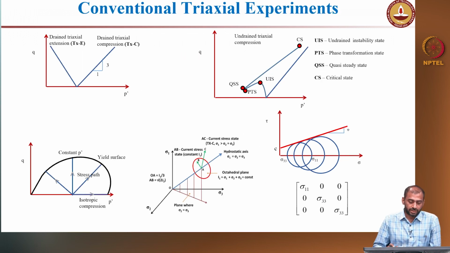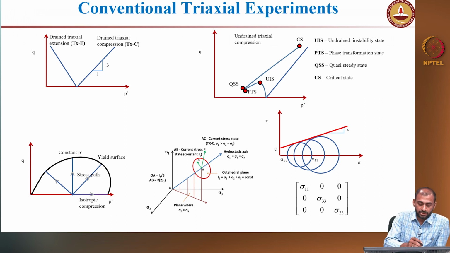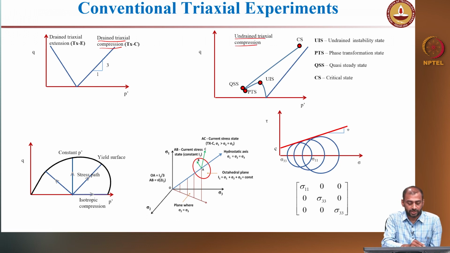When you are using conventional triaxial experiments, you either do a drained triaxial compression experiment or an undrained triaxial compression experiment. When performing a drained triaxial compression experiment, you move on this line in the P prime Q space, where P prime and Q are both invariants.